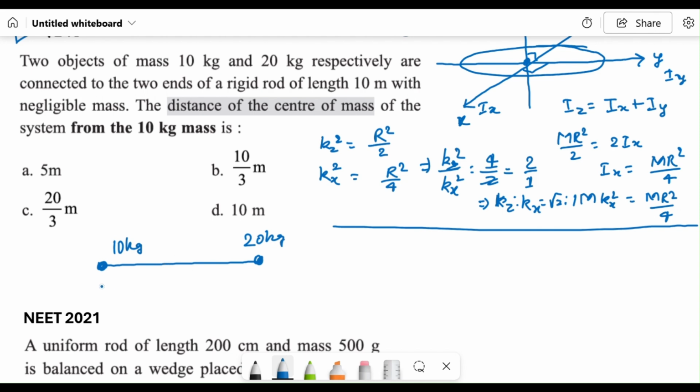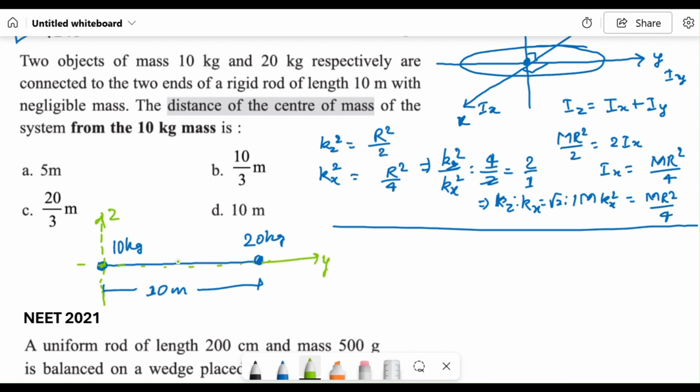Now we have to find the distance of the center of mass from the 10 kg object. What we can do is take a reference point here, where the 10 kg object is.